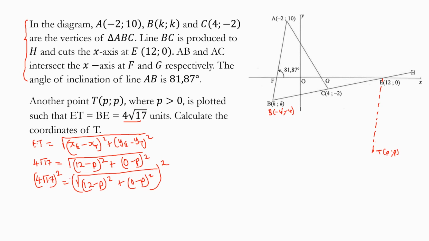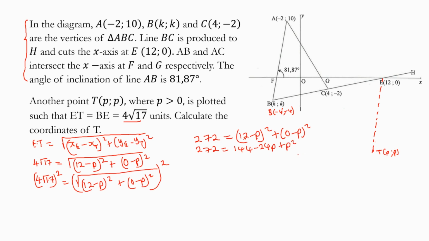You can put this in the calculator, it must give you 272. So 272 is equal to (12 minus p) squared plus (0 minus p) squared. Then 272 is equal to 12 squared, which is 144, and then 2 times 12 times p, which is negative 24p, and then you square the p, which gives plus p squared.